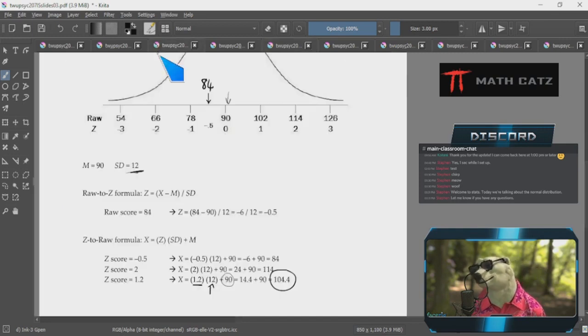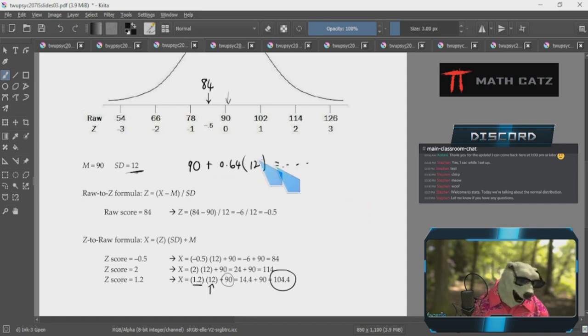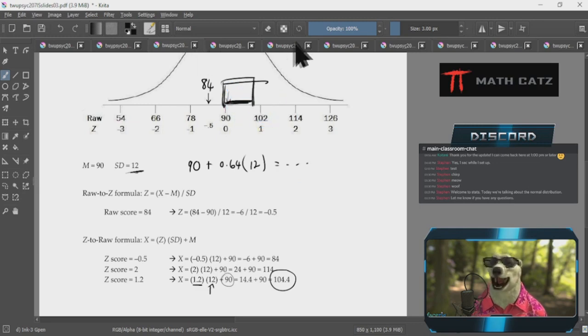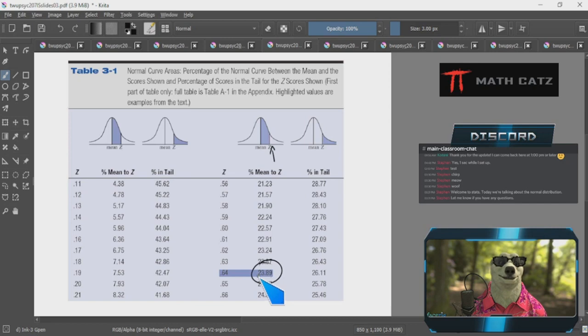If I have a specific example, I can then calculate, for example, 90 plus 0.64 times my standard deviation and get whatever I get. That would give me the range that would capture just under 24% of the data values.